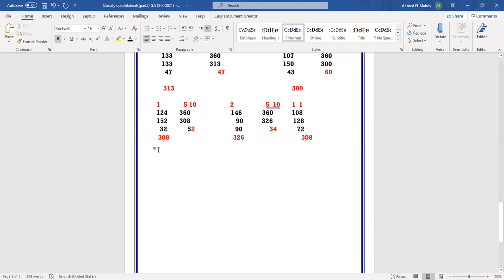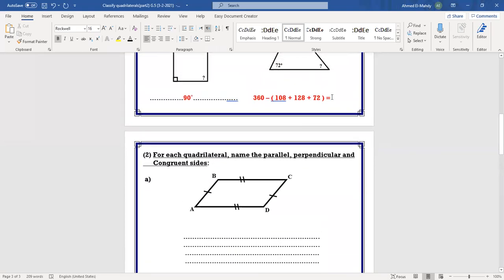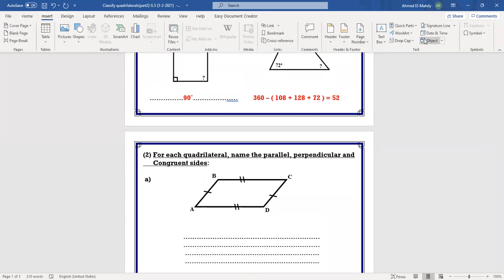It will be 52, the same as this one we did before. It will be 52 degrees.